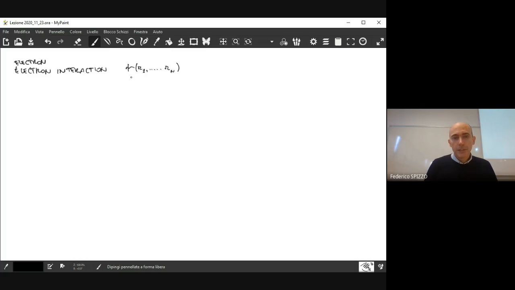So all the procedures try to find an expression for the wave function of the system using single electron levels. In this case, we have the Hartree approach and the Hartree-Fock approach.